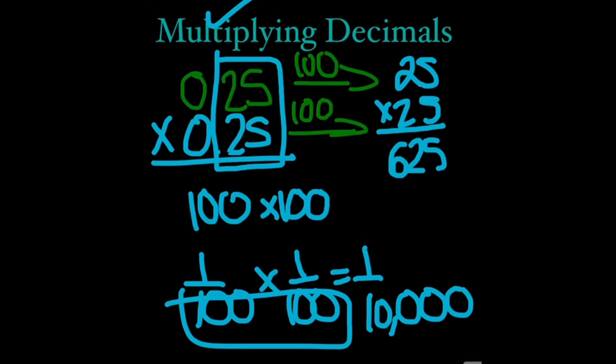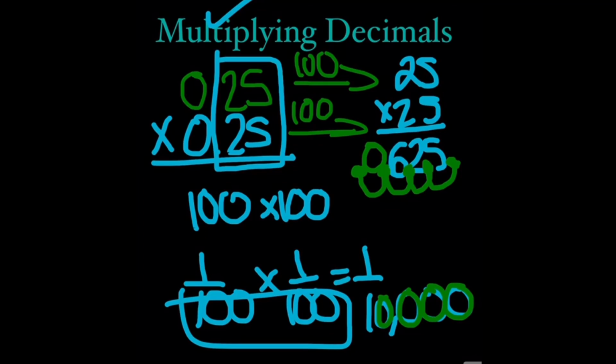Now you have to divide by 10,000. I know it seems a little overwhelming, but technically all you really have to worry about is all those zeros. How many places? That means we have to move our decimal 4 places. This would be 1 place, 2 places, 3 places, 4 places.